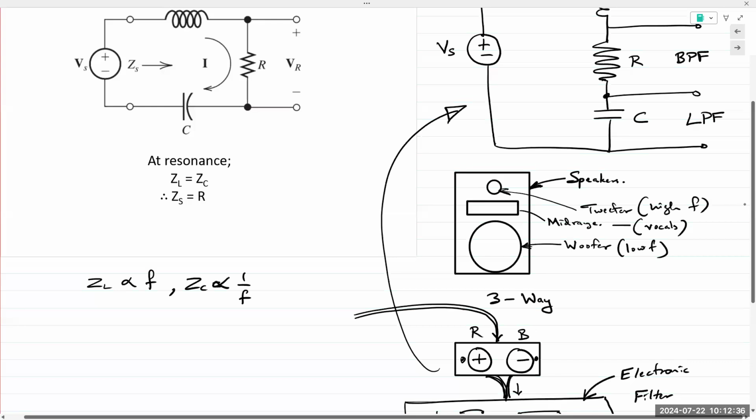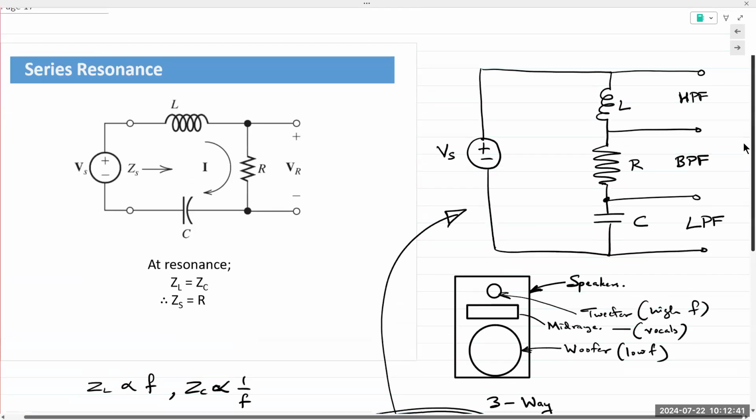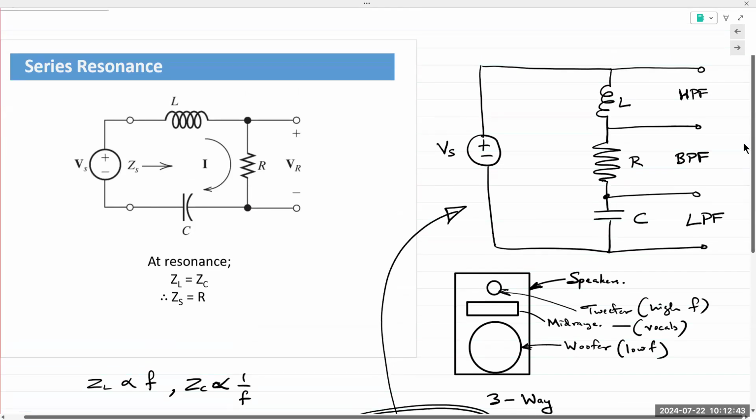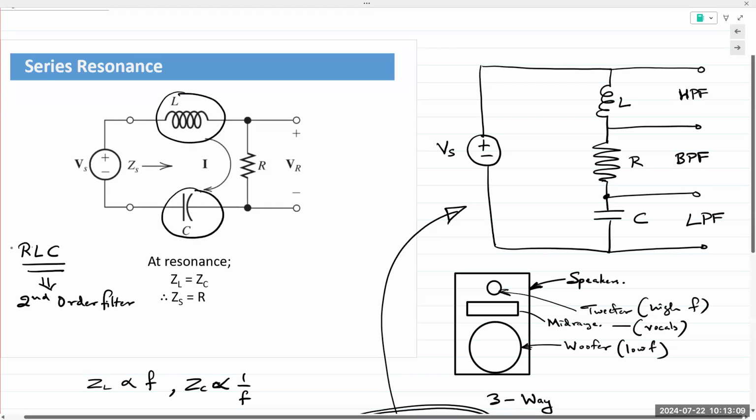So we saw first order filters, where you had an RL circuit and an RC circuit, and then series resonance, where we have an RLC circuit. RLC means it has a resistor, inductor, and capacitor. This is also an example of a second order circuit or a second order filter, because it has two energy storage elements.